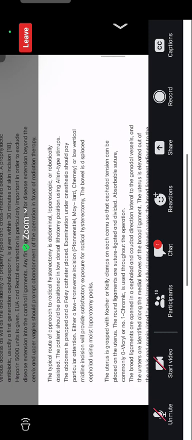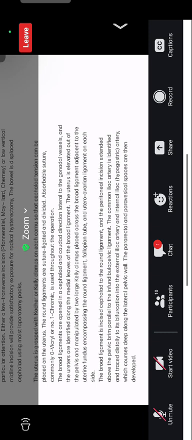The typical route of radical hysterectomy is abdominal, laparoscopic or robotic. The patient should be positioned in a low dorsal lithotomy position using stirrups. The abdomen is prepared. The rest you can do, and some say you do Pfannenstiel, some say midline incision.